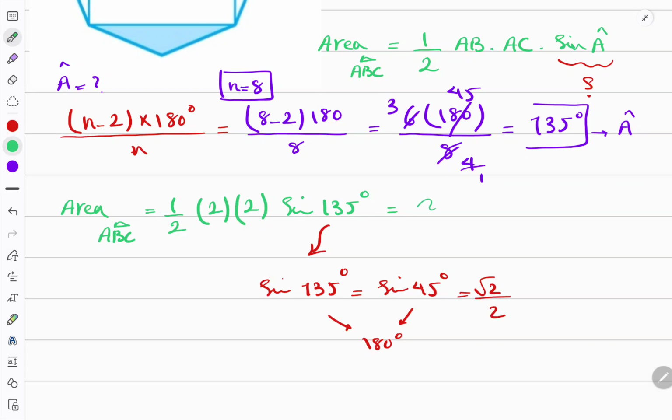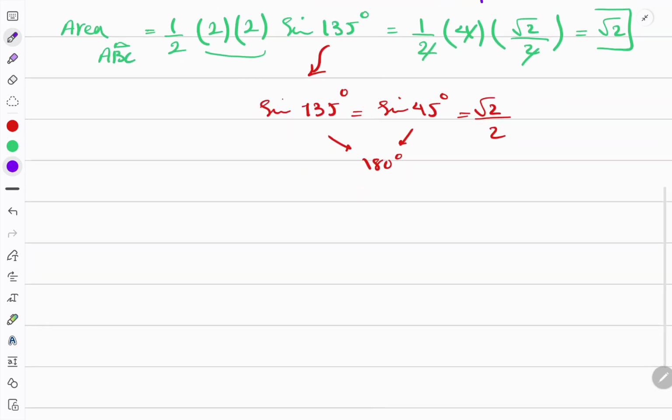So we have half of 2 times 2 is 4, times sine of 135, which is radical 2 over 2. 2 times 2 is 4 and cancels out with the other 4 in the numerator. So the final answer is radical 2 is the area of ABC.